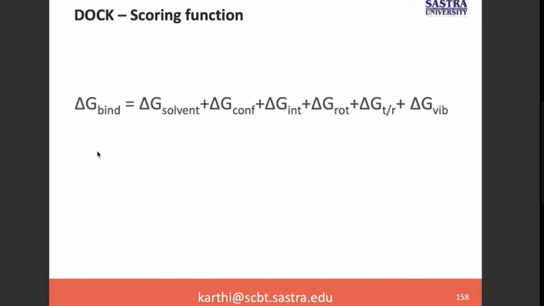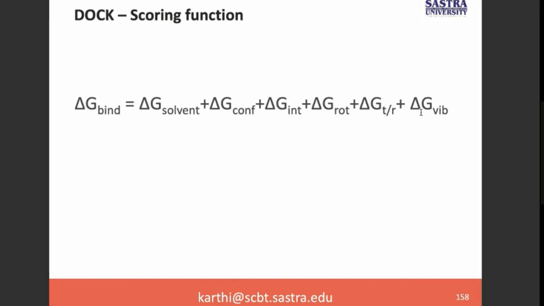So mathematically, we can say that it's going to be a contribution of different types of energy. The simple formula for calculating this delta G bind is delta G solvent, the solvation energy, delta G conf, the conformational energy, delta G int, the interaction energy, delta G rot, the rotational energy, delta G tr, the translational energy, and delta G vib, the vibrational energy.